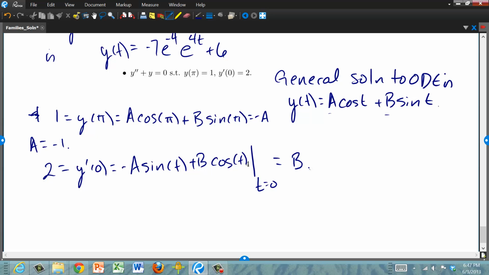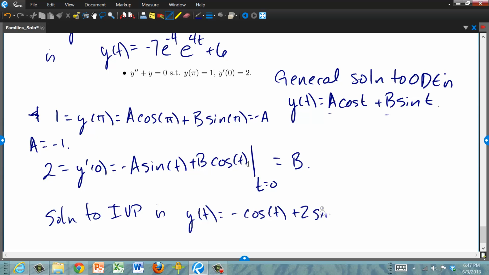So we can see that if we're going to satisfy the second condition, we have to have b equals 2. So now we know our a and our b, and we can say that the solution to the initial value problem is y of t equals negative cosine t plus 2 sine t.